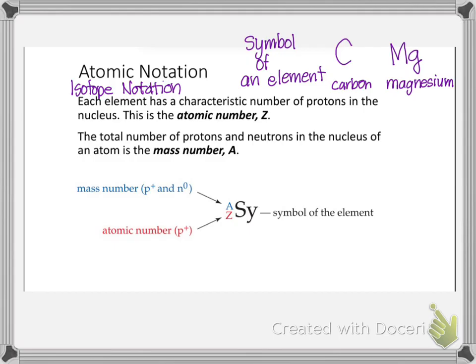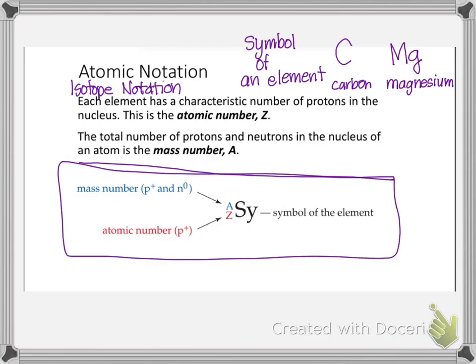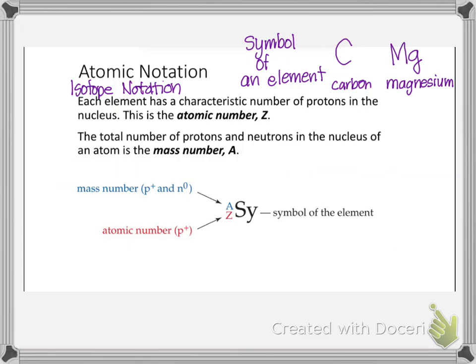So below, I have a generic example, and then we will practice with more specific ones. Put your eyes down here. This is the generic way to write atomic or isotope notation.